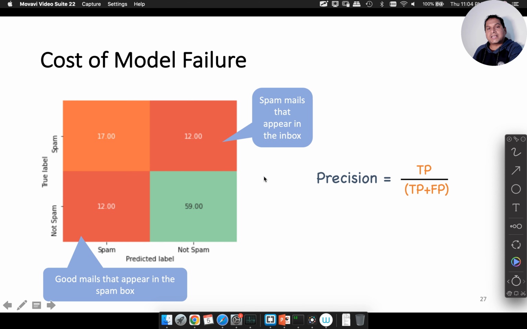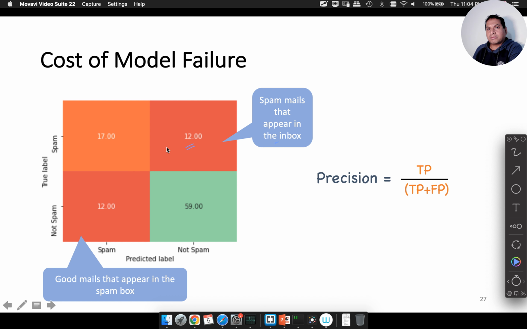Let's take another example of building a classification model to detect spam mails. In this case, a false negative means the model has identified a mail as not a spam mail. Hence the mail appears in the inbox, but the mail is actually a spam mail.